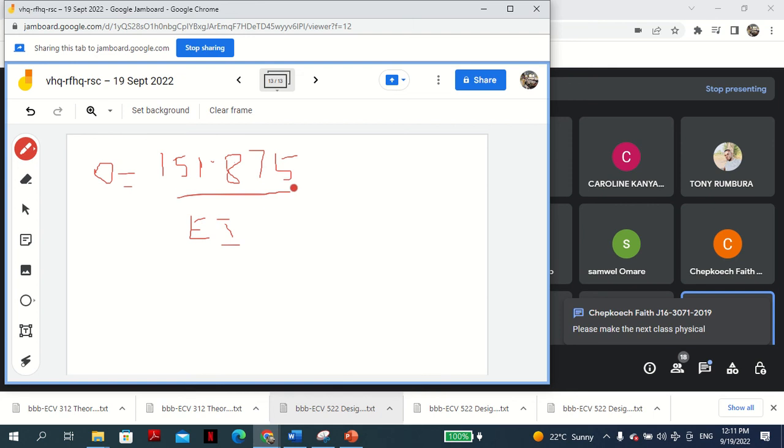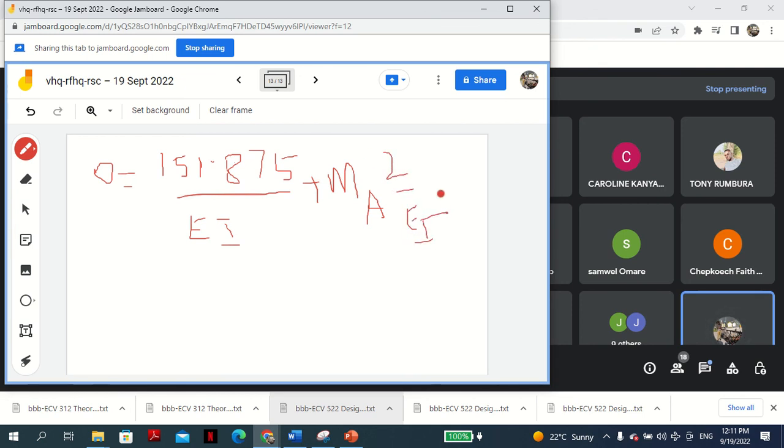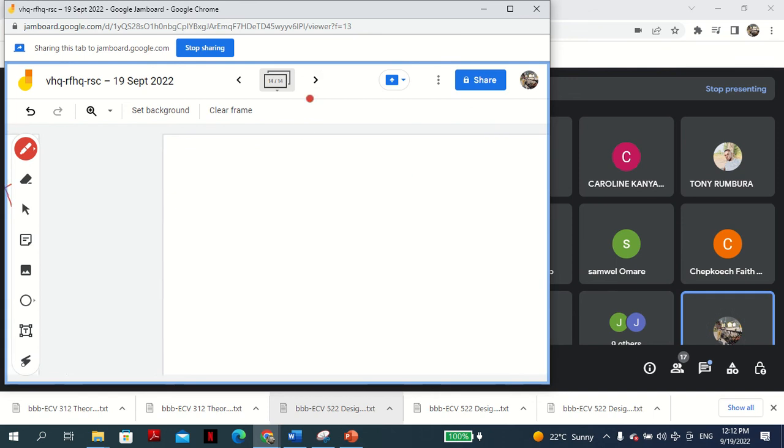So plus MA into 2 over EI plus MB into 1 over EI. This is equation 1. Equation 2 is 118.125.